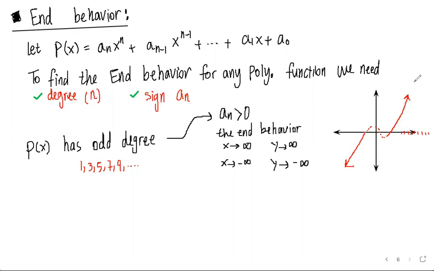Look, it goes up. Same thing from the other side: when x goes to minus infinity, y goes to minus infinity. So this is the end behavior for the first case.